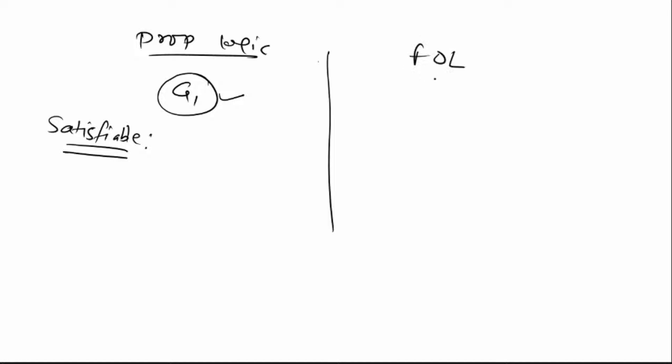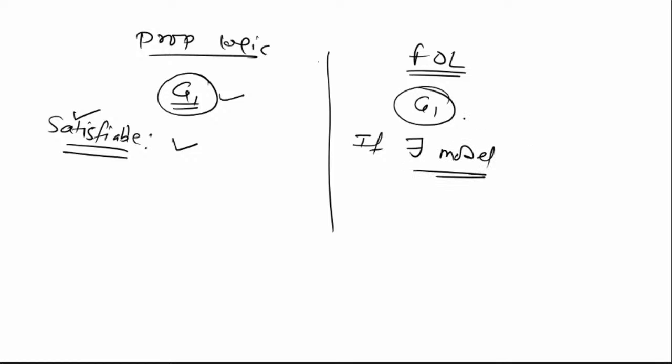Similarly, in first order logic, what is the definition of satisfiable? The definition of satisfiable in propositional logic we have already seen in the last class. In first order logic, it is basically if there exists a model for this formula G1, then G1 will be called satisfiable, because we can satisfy it.